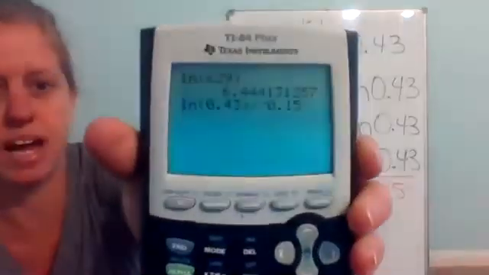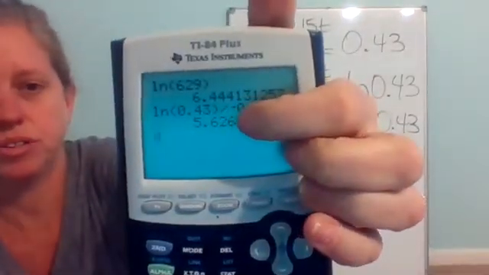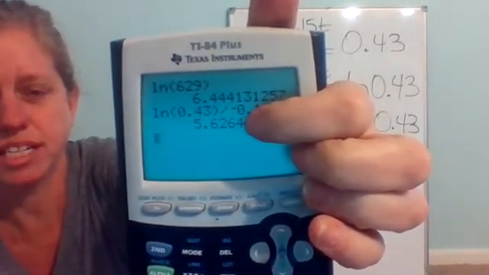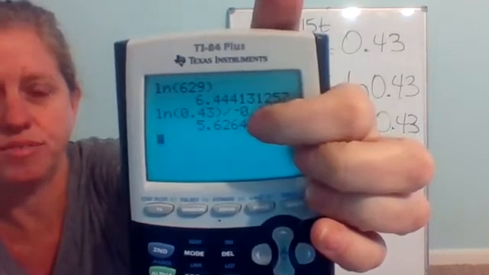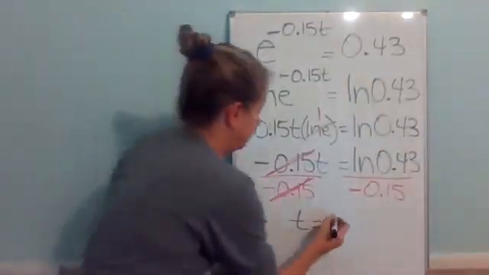So again, just type that exactly in your calculator. Hit enter, round it: 1, 2, 3, 4. After the 4 is a 6, so I will round that up to a 5. So t is 5.6265.